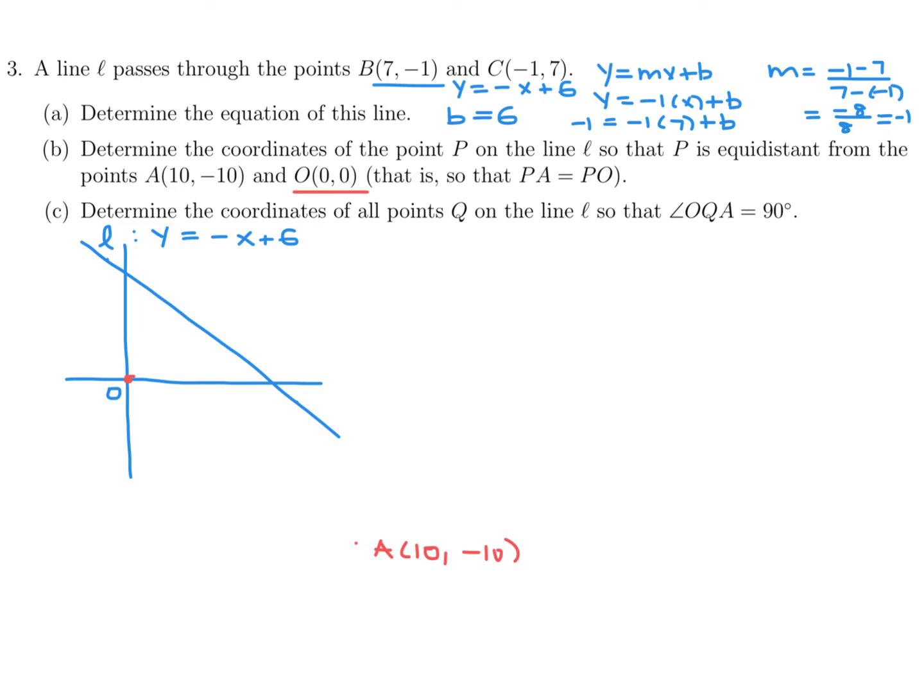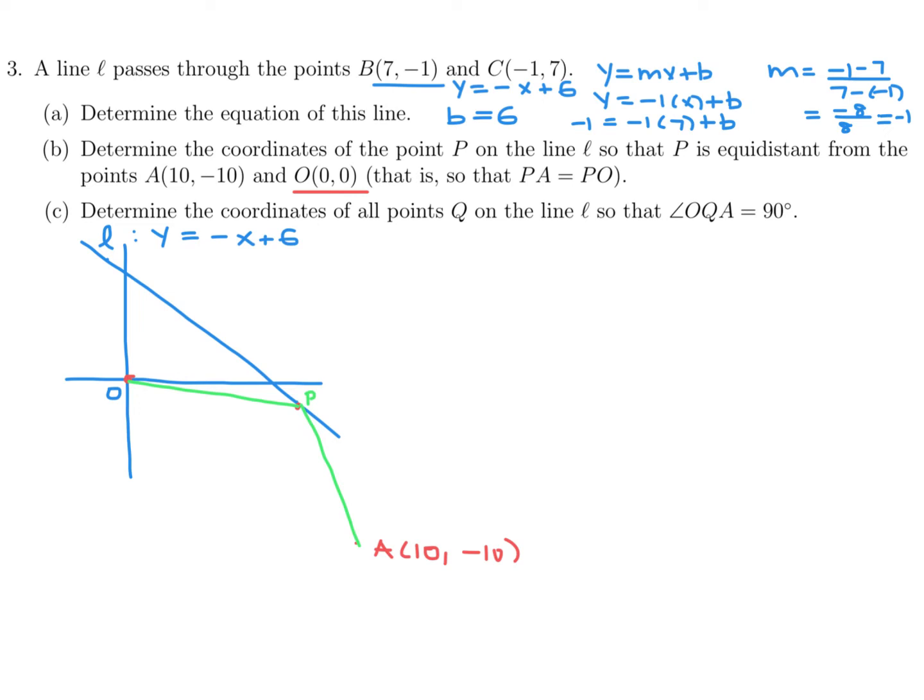I don't know where P is, so let me just guess and say it's somewhere here. That means if you were going to draw a line from P to O, it would be the same length as from P to A. Looks pretty decent. Okay, let's go with this. Let's start labeling.